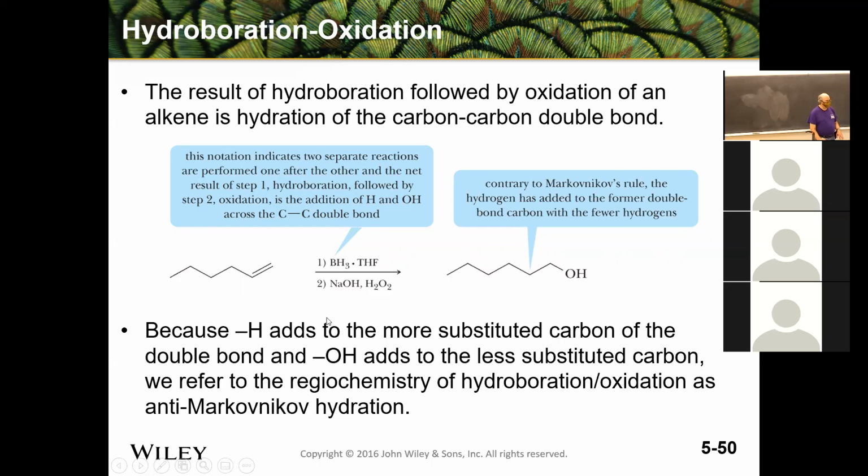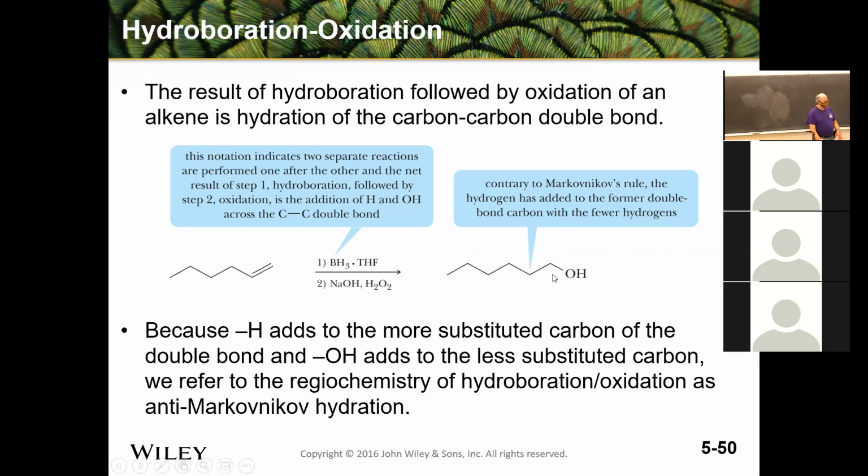If the numbers were not here, if we omitted the 1 and 2, that tells us we just mix everything together all at once. So we do the hydroboration first, and then we do the oxidation with hydrogen peroxide and hydroxide.